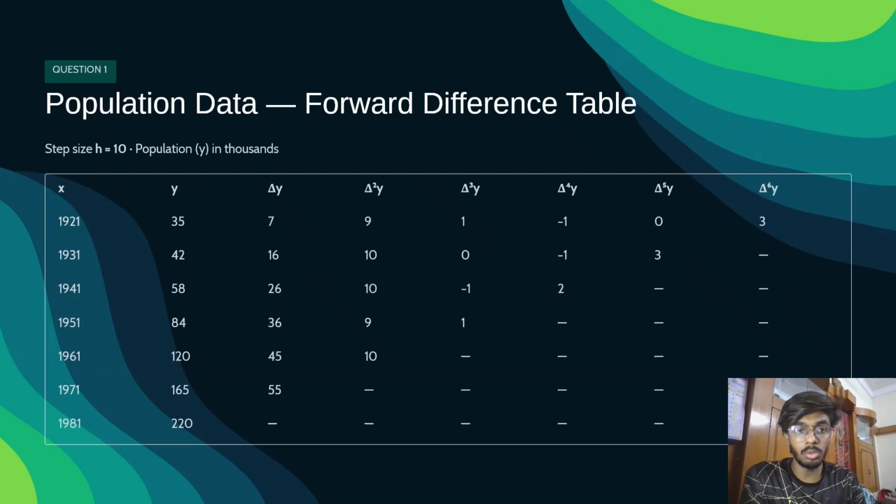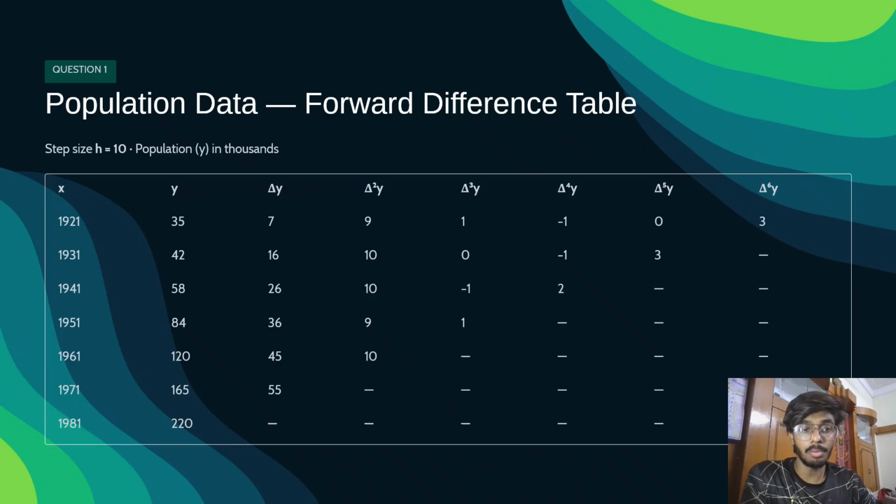So we need to find the population for 1925, 1975, and 1984. First we will make the forward difference table.